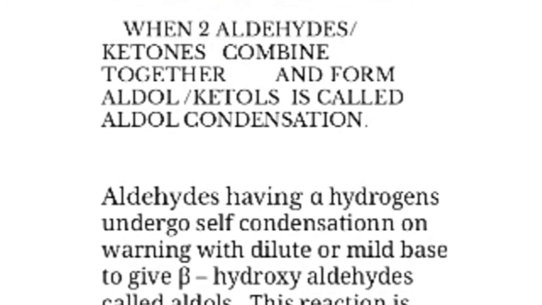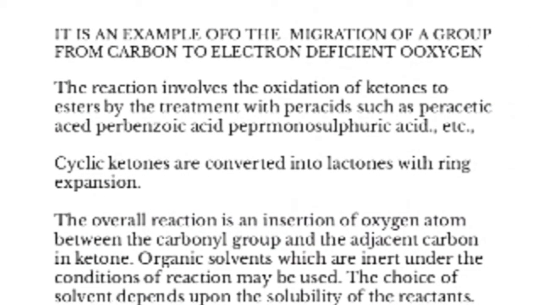This reaction is called aldol condensation. If we take two aldehydes, the product will be aldol. If we take two ketones, the product will be ketols. So this is called aldol condensation.